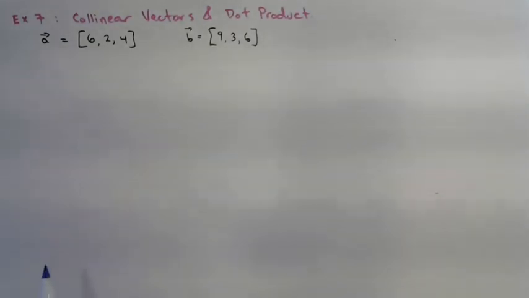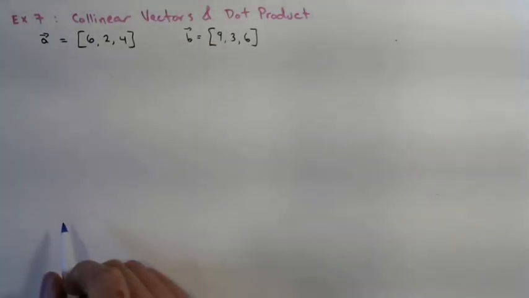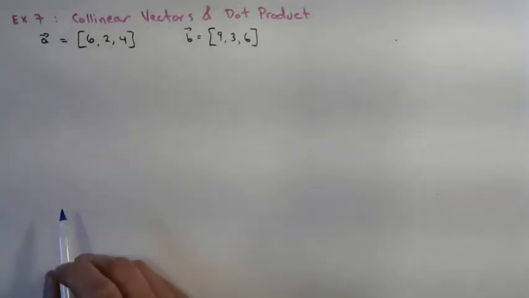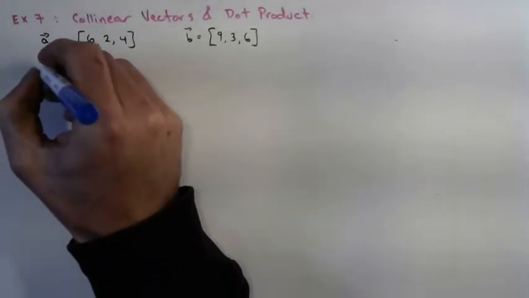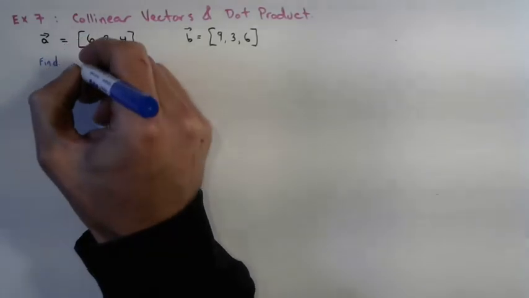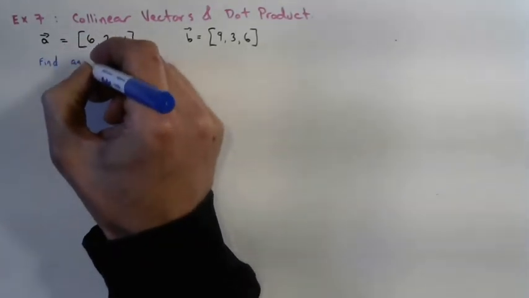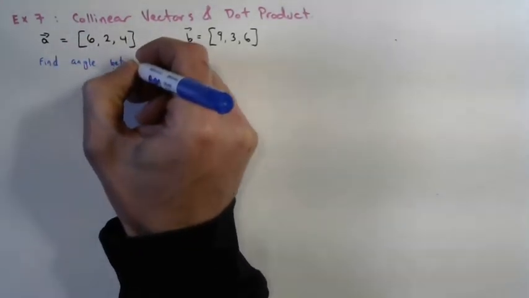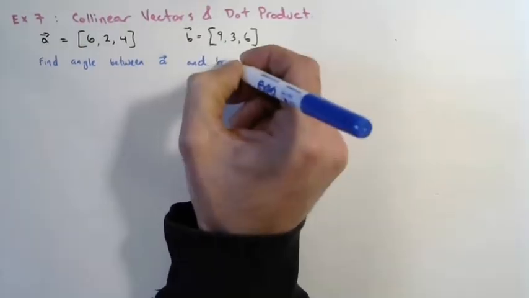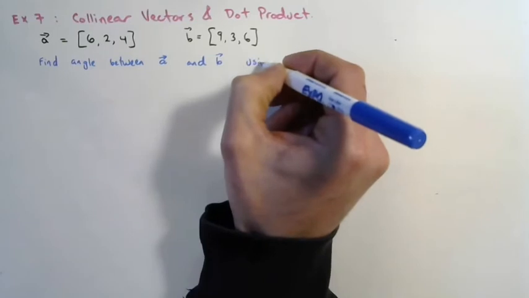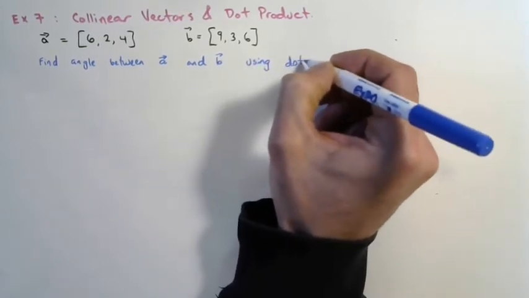So to determine whether or not they are collinear, we're going to find the angle between A and B using the dot product.